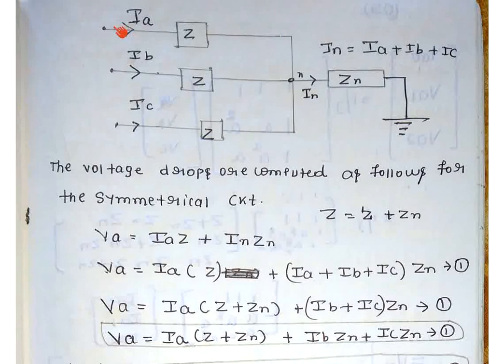Let IA be the current flowing in one phase, IB the current flowing in another phase, and IC the current flowing in the third phase. Let's say this is the A phase, this is the B phase, and this is the C phase.